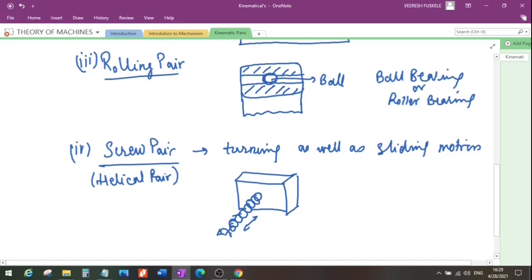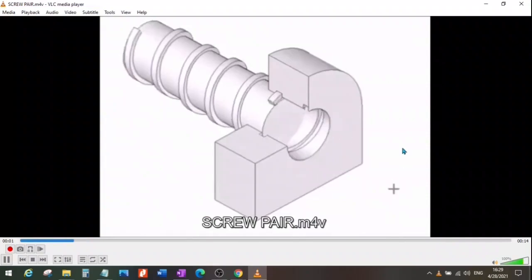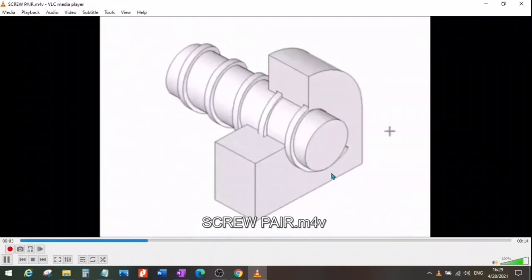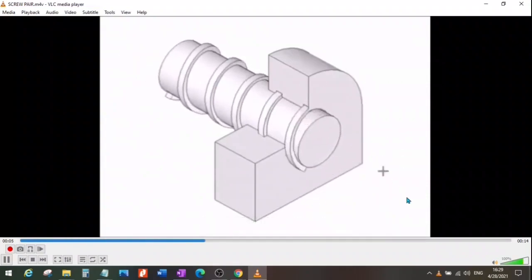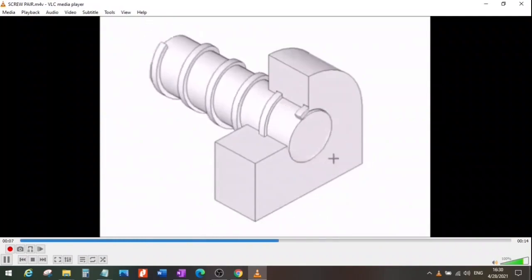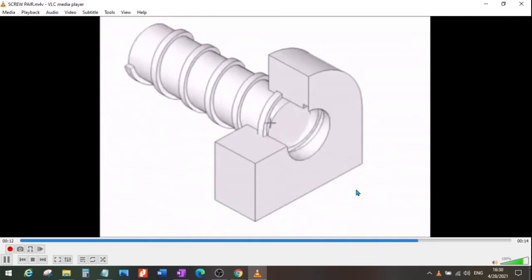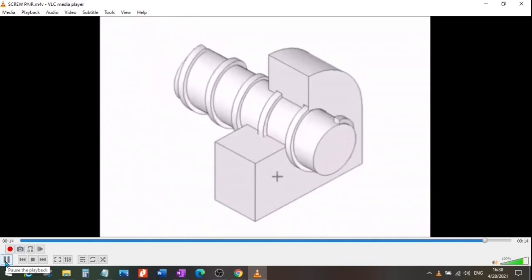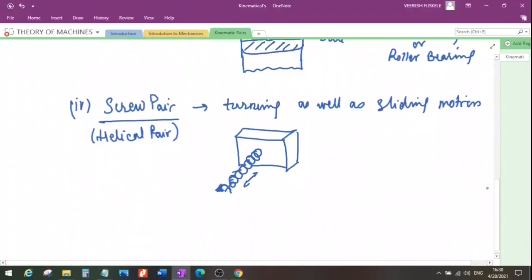You can see that there are two motions taking place simultaneously. As the screw is turning, it is also moving in the linear direction. So it is having the translatory motion also and the turning motion also, right? So this is the example of screw pair.